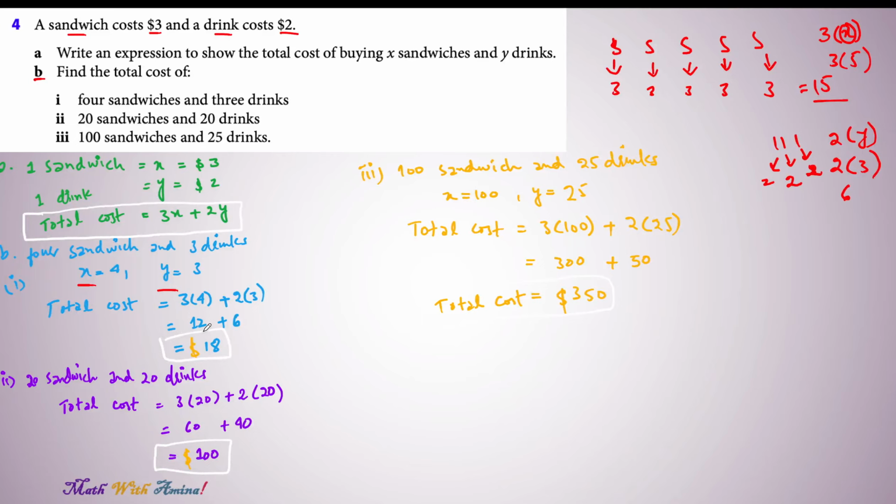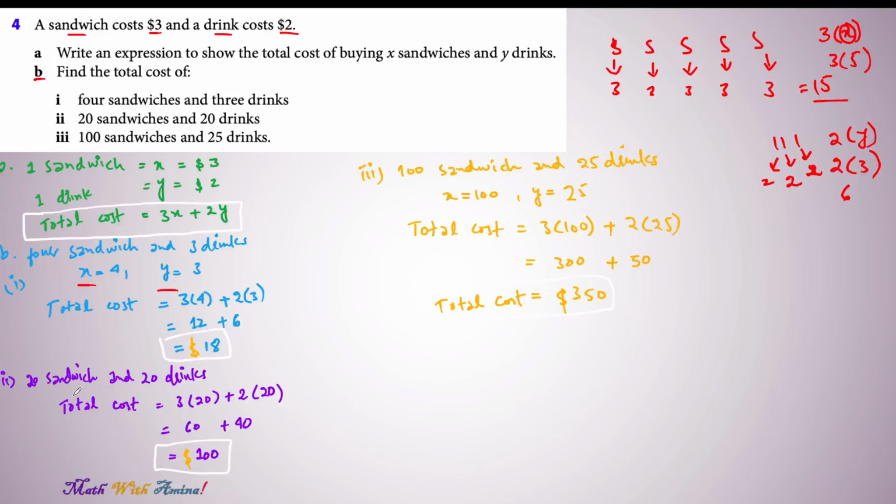So for 4 sandwiches they have to give $12, and for 3 drinks they have to give $6. 12 plus 6 is equal to $18. So if you're getting 4 sandwiches and 3 drinks, you have to pay a total of $18.